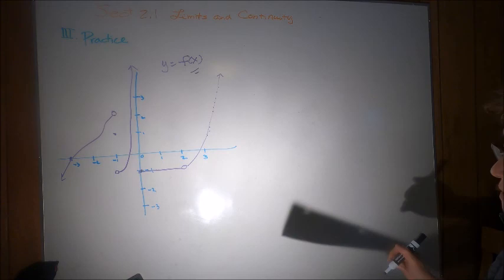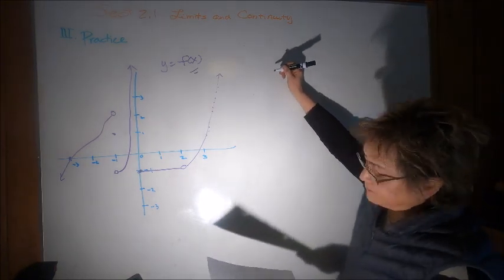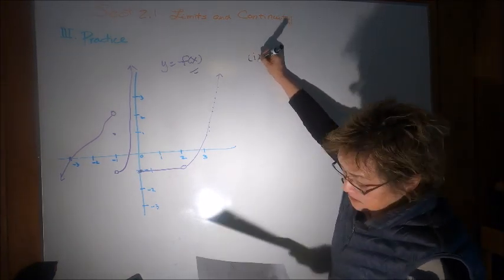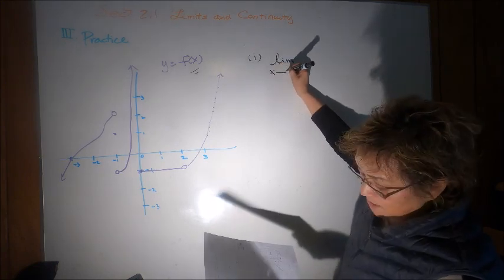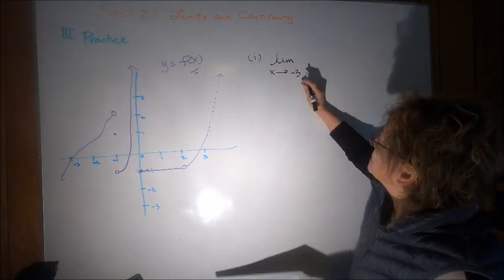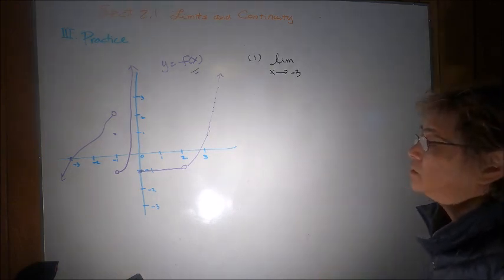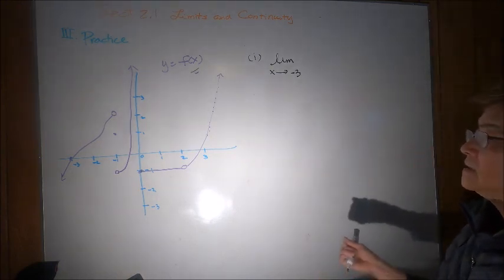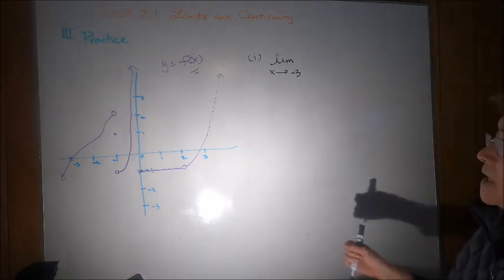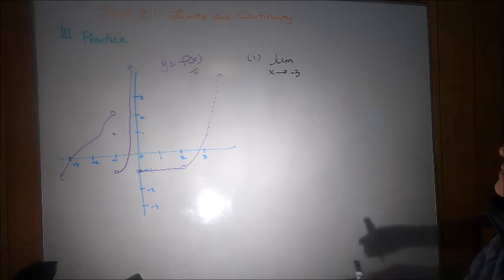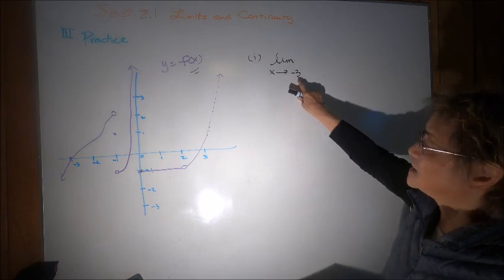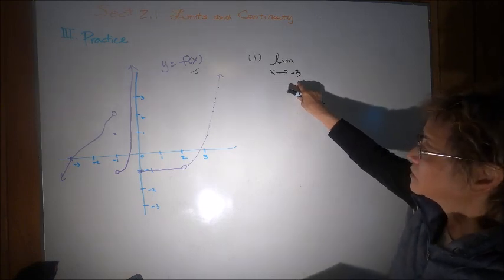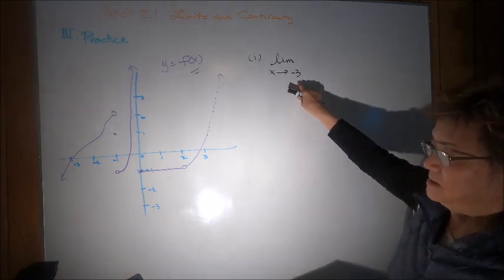So let's take a look at the limits again. For the first one, the limit when x approaches -3. We decide whether or not it has a limit, right? So when x is at -3, do we have a limit?